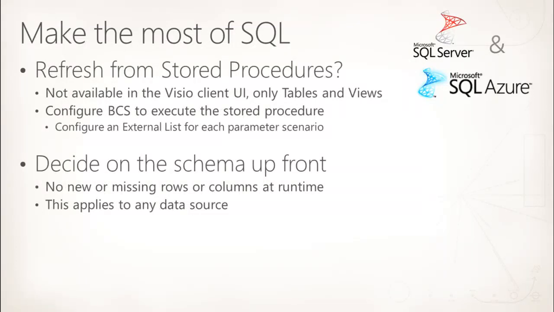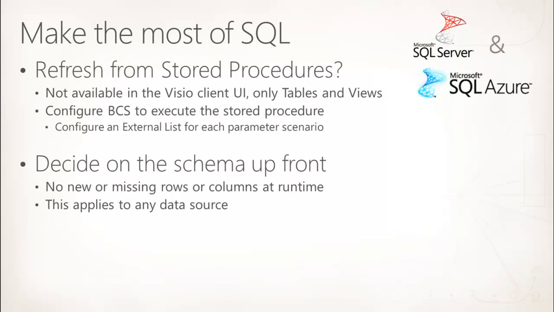Now, when we walked through the data linking wizard, one of the things that I was pointing out was that I was connecting to a stored procedure in SQL Azure. And that was possible because we set up an external content type in SharePoint to execute that stored procedure. If you go through the data linking wizard in the client and you pick SQL Server, you can put in the name of your SQL Azure database or your on-premise database.